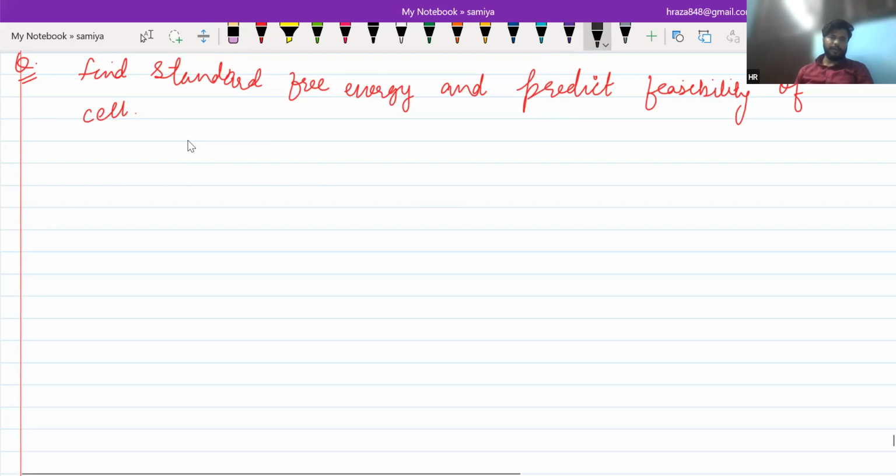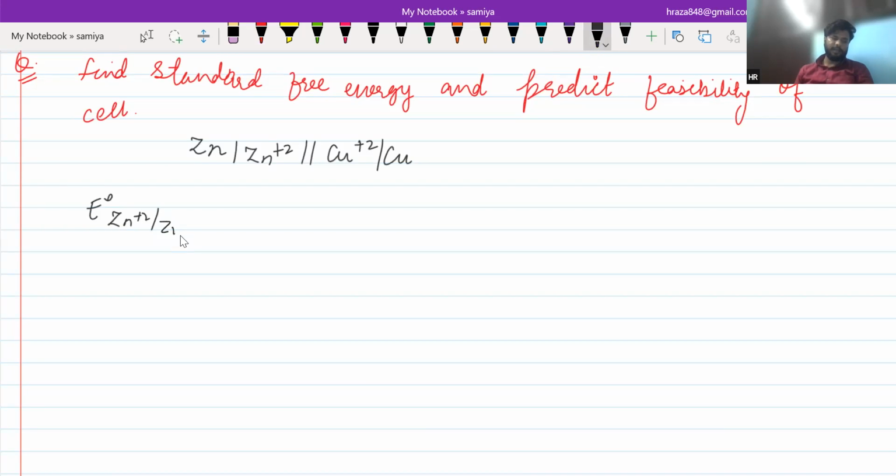It is given that the representation is Zn/Zn plus 2 double slash Cu plus 2/Cu, and E naught Zn plus 2/Zn is equal to minus 0.76 volt, and E naught Cu plus 2/Cu is equal to plus 0.34 volt.